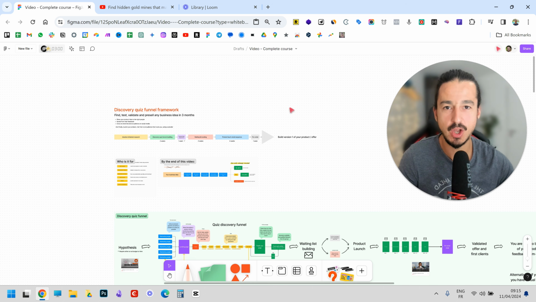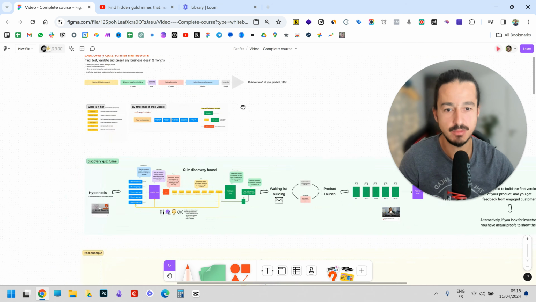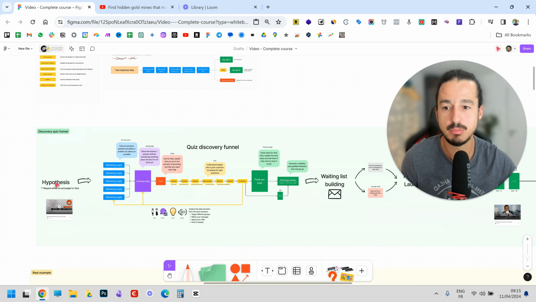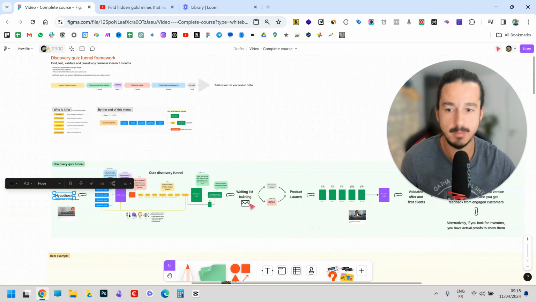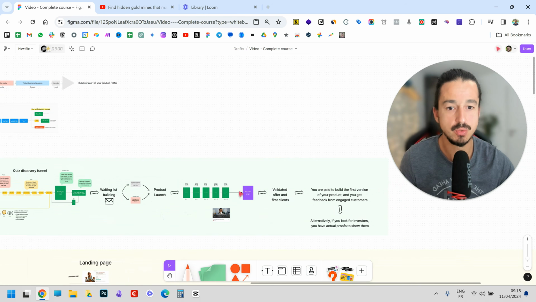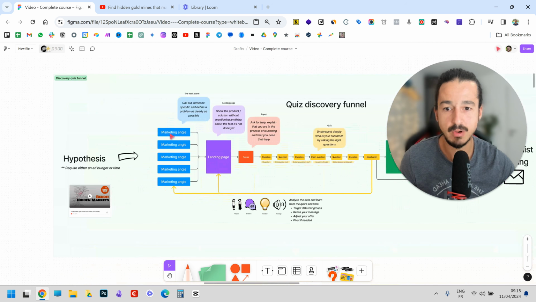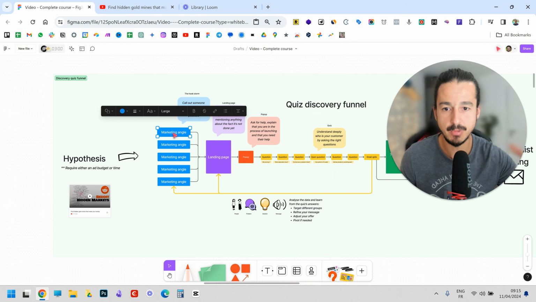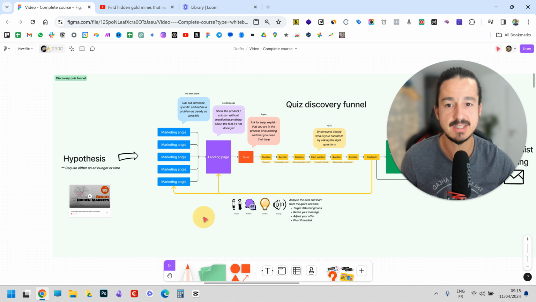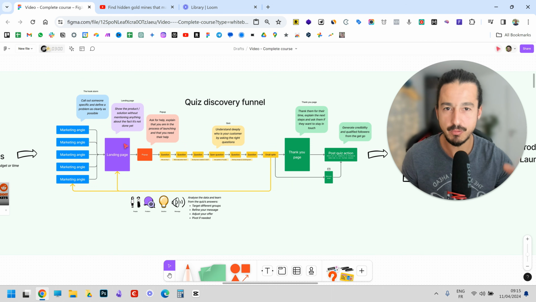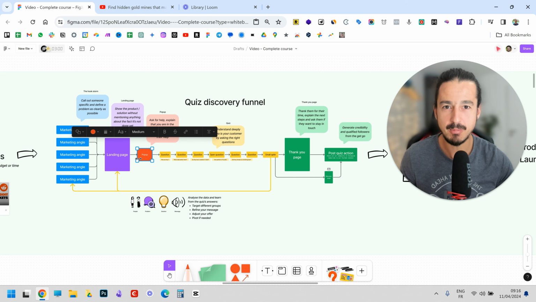And it's not only a simple trick that I'm going to show you, it's really a complete framework that will bring you from hypothesis, meaning business idea, to your first client with a series of steps that will involve having a marketing campaign, a Facebook ads campaign that is specifically designed to learn about your customer and having your offer shown to them and quickly asking them if they want to be part of building this offer with you.